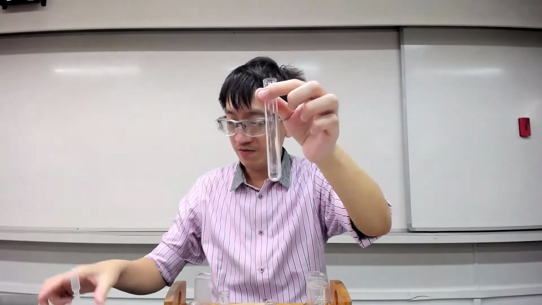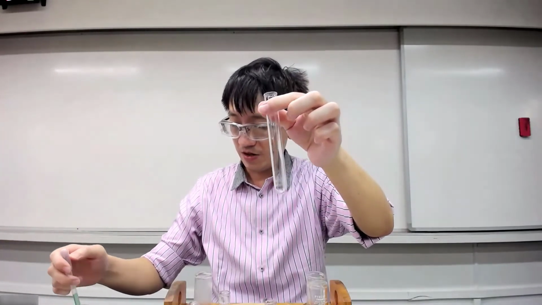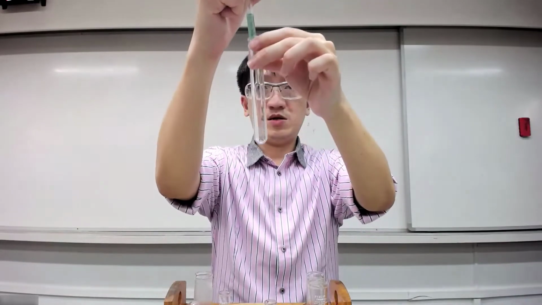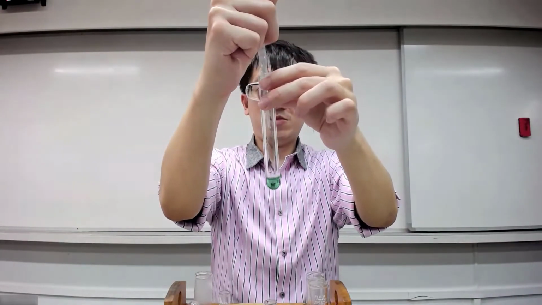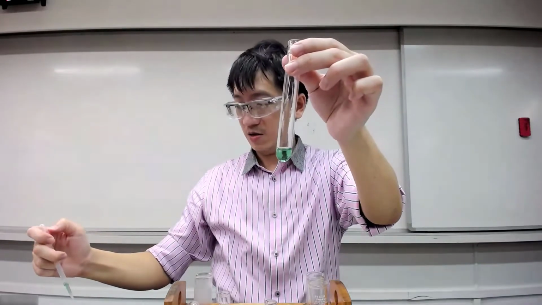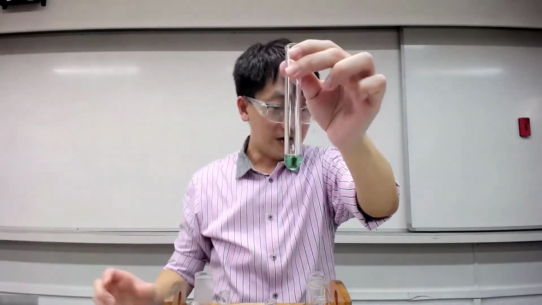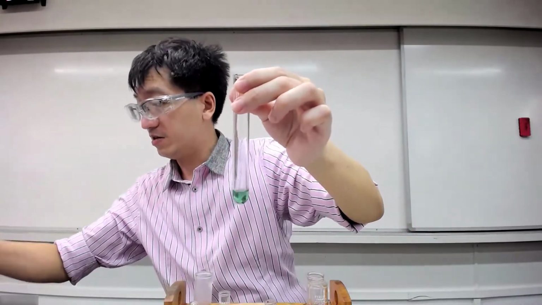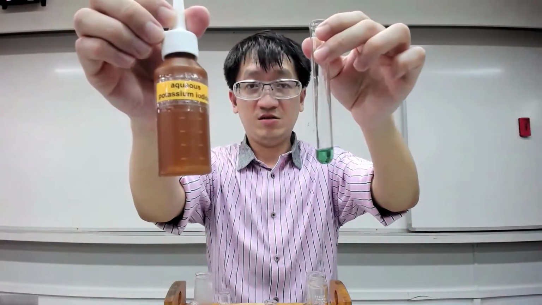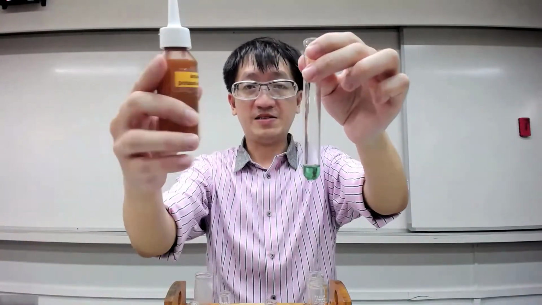So 1 cm depth. Just nice. Now I'm going to add potassium iodide. Where's potassium iodide? It's in the brown bottle, because iodide is sensitive.